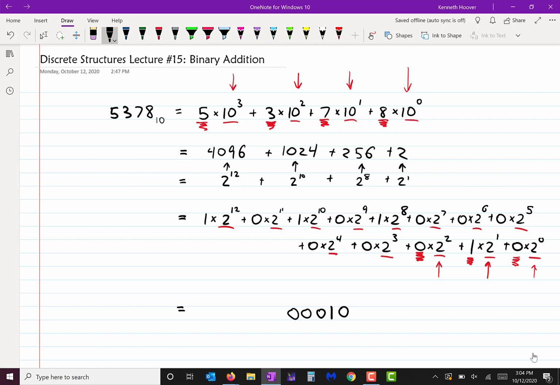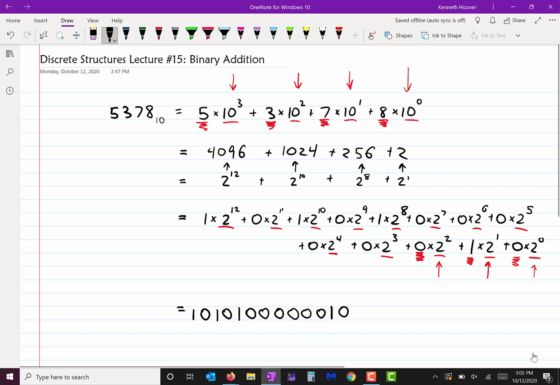And 0 in the 16s place. 0 in the 32s place. 0 in the 64s place. 0 in the 128s place. And then 1 in the 256s place. And 0 in the 512s place. And 1 in the 1024s place. 0 in the 2048s place. And finally 1 in the 4096s place.